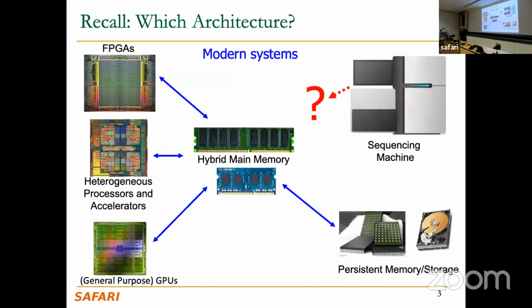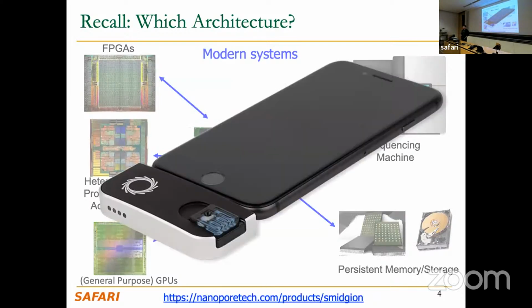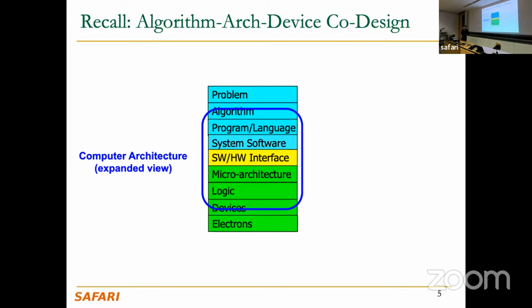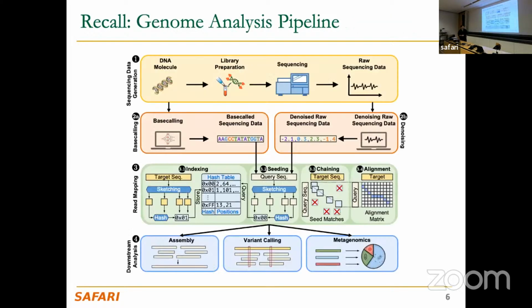And then we said that we could also look at different architectures, even heterogeneous systems including different architectures, to accelerate genome analysis, even for mobile solutions. And then we said that for that, we need to look at the entire stack of computer architecture to co-design everything.